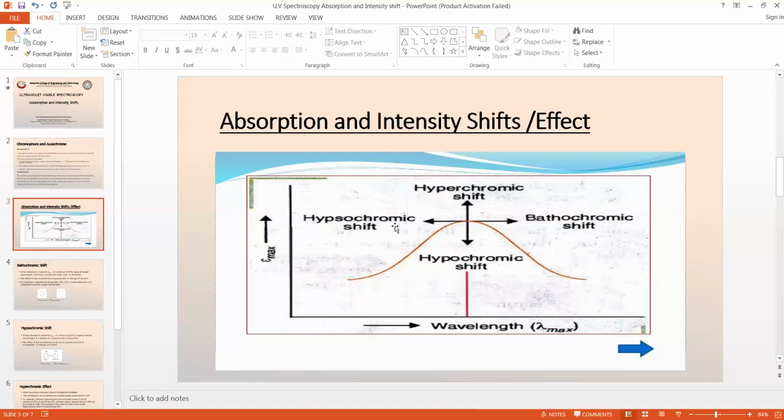Hypsochromic effect is when lambda max decreases. Hyperchromic effect or shift means when intensity maxima increases, while hypochromic effect or shift is when intensity maxima decreases. Now we discuss these four shifts in detail.